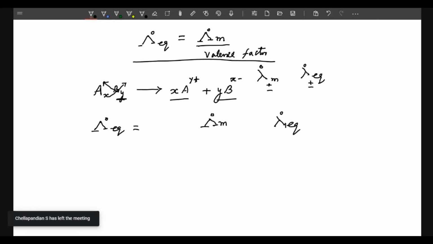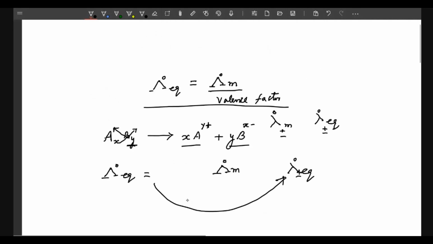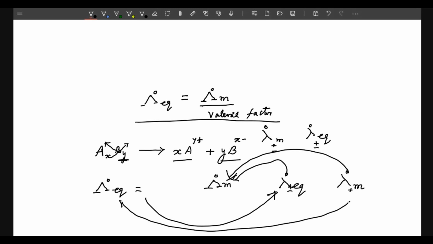They may give the equivalent ionic conductance and ask you to find the total equivalent conductance, or to calculate the molar conductance from the equivalent conductance. Or there is another possibility: they may give you the molar ionic conductance, and using it, how would you calculate lambda naught M?